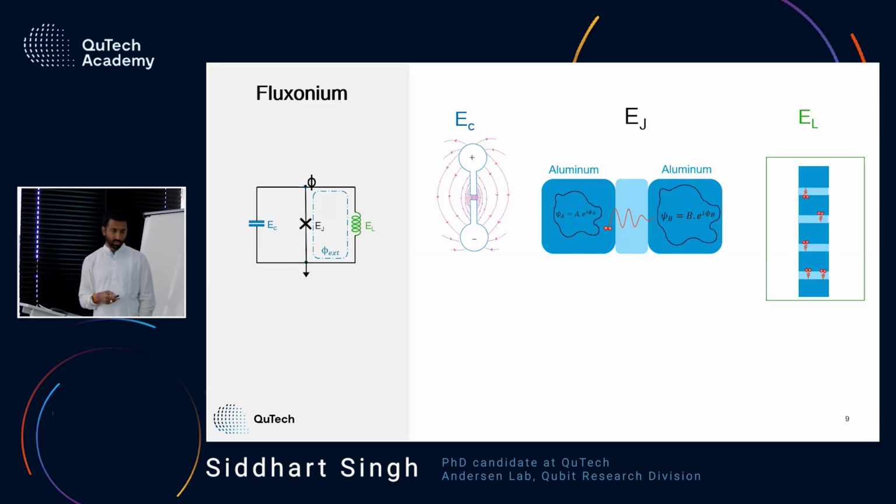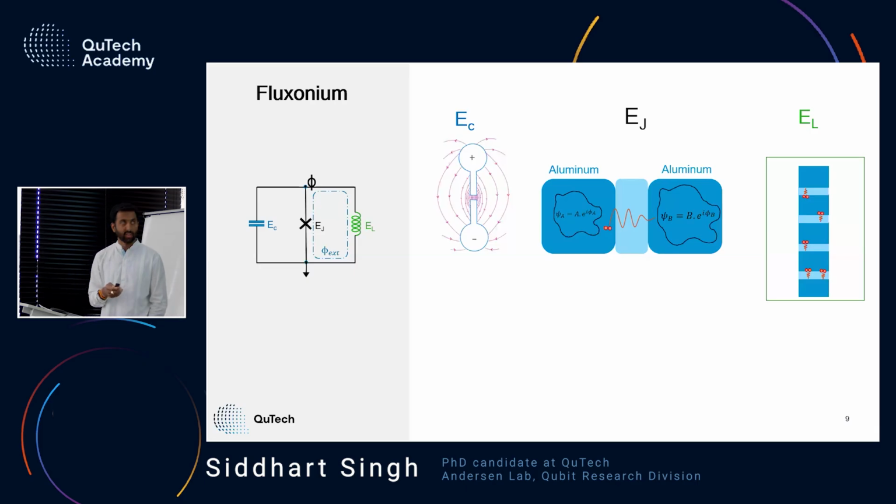Finally, to create an inductor, you can say I want to use a long wire, just like a classical inductor. But the problem with placing a long wire on the chip is it's very hard to put a very long wire on the chip. And secondly, if you start putting a long wire, then it will have some self-capacitance. So you will not get the right value of impedance.